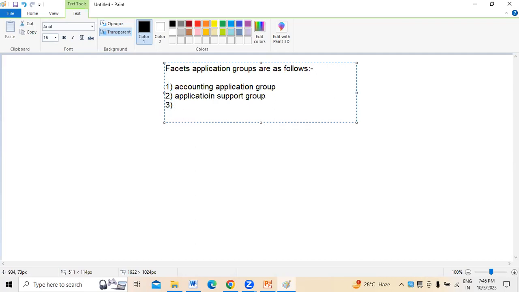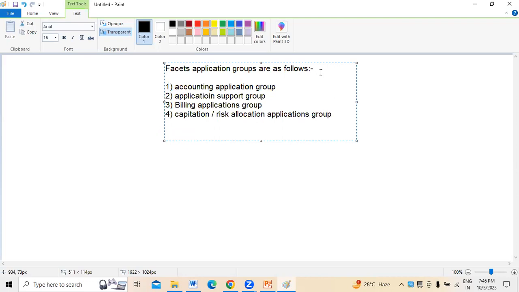Okay. Application support group. After the application support group, the next is the billing applications group. Next is the capitation or risk allocation application group. Understood, Dinesh?